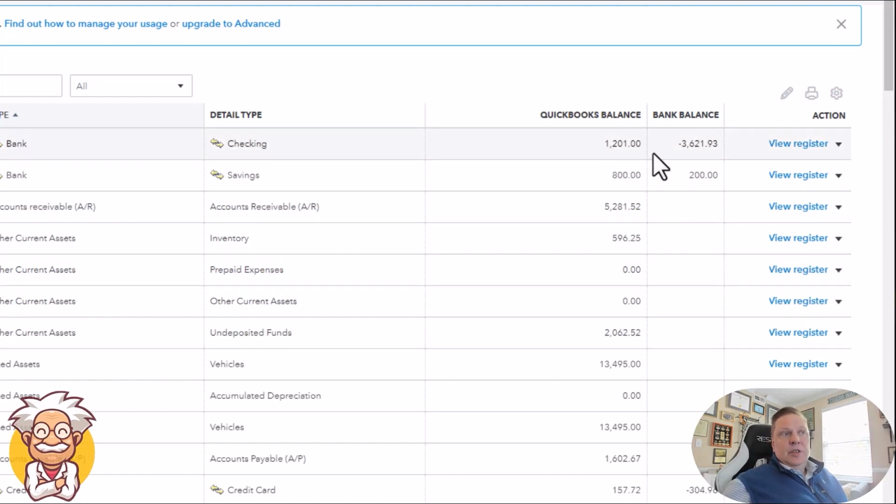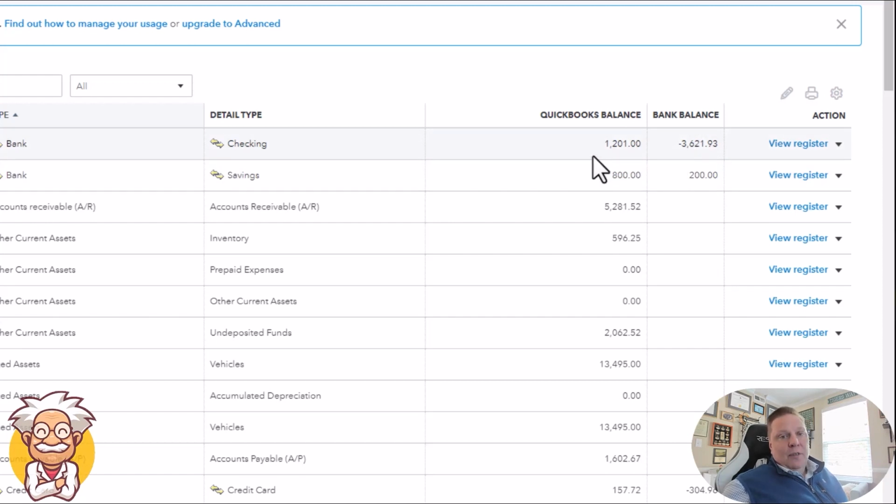Right here, you notice on our checking account, we have a $1,200 balance in QuickBooks, but on the bank balance, on the feed, it comes across as negative $3,000. What that is probably, there are transactions sitting on our bank feed that we will need to go ahead and confirm.